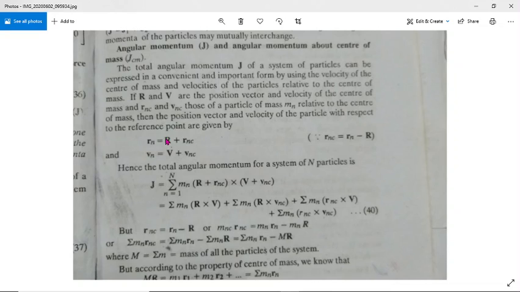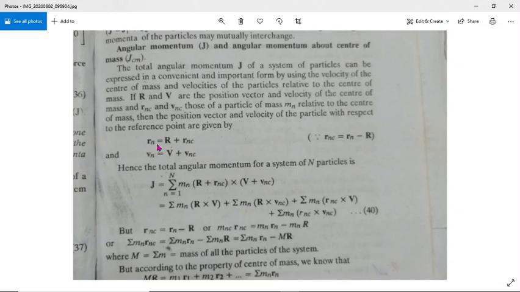This capital R is the position vector of the center of mass, and Rnc is the position vector relative to the center of mass.